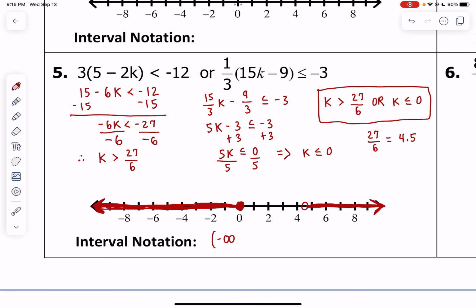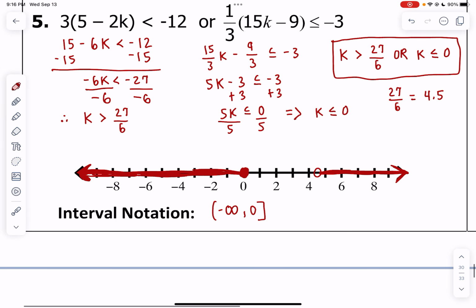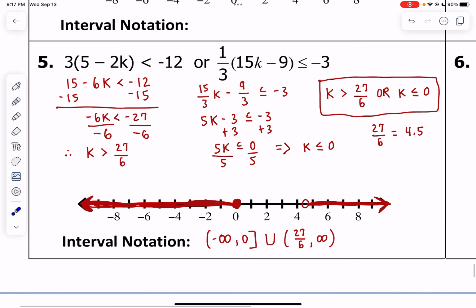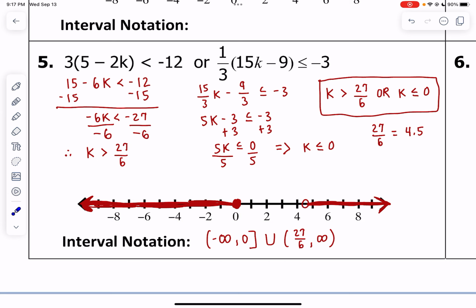We're coming from negative infinity to 0, bracket, and then since we're using the OR compound inequality, we would write the union symbol, and we would finish it off with parentheses 27/6 to infinity. So once again, this is the first part of the answer. This is the second part. And then we have the interval notation. All right. So hopefully number 5 makes sense.